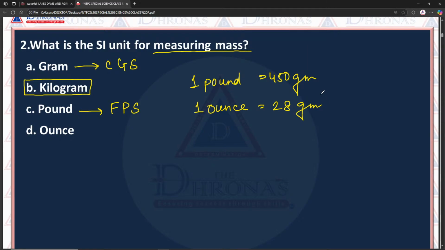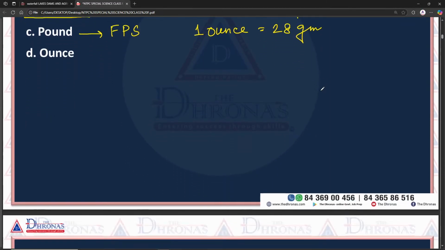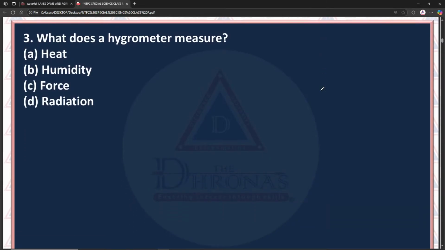So these are some static GK questions. Now moving on to the next question. What does a hygrometer measure?